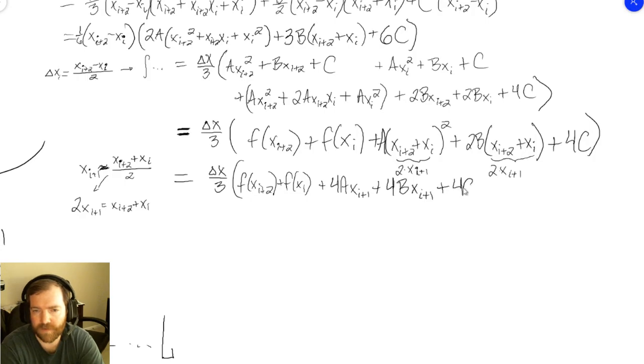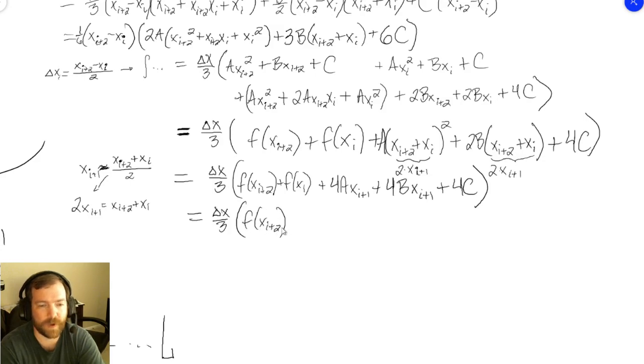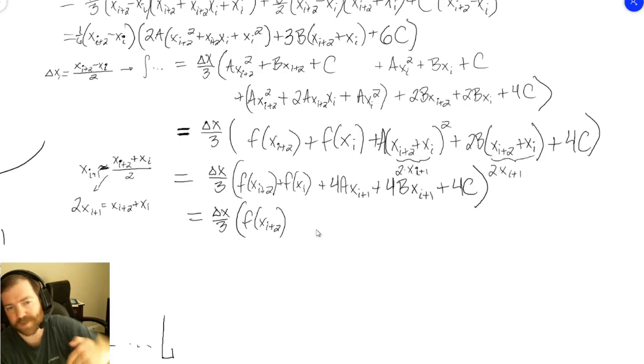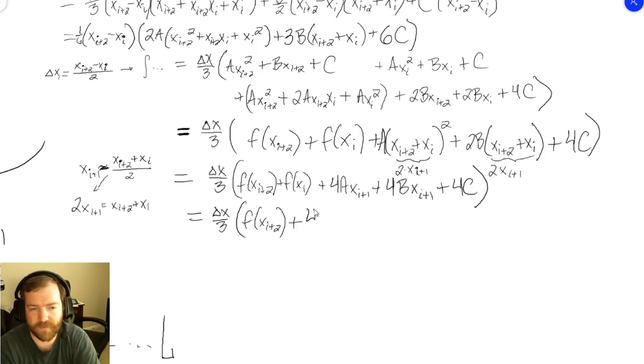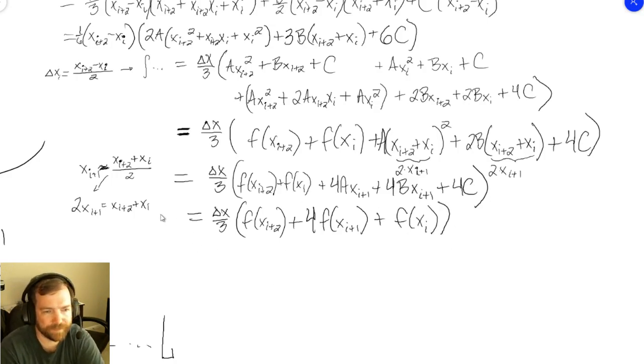And here we get a 4c. Would you look at that, it's yet another f of something. So it's delta x over 3 times f of x sub i plus 2, and if we order them in terms of their subscripts, this gets us 4 f of x sub i plus 1 plus 1 f of x sub i.